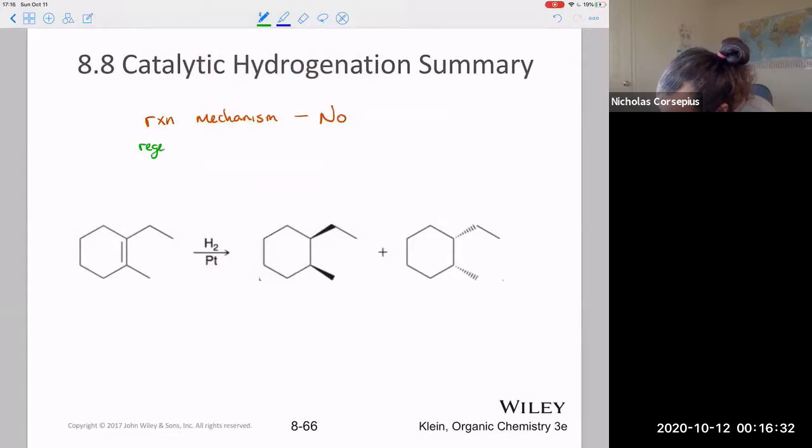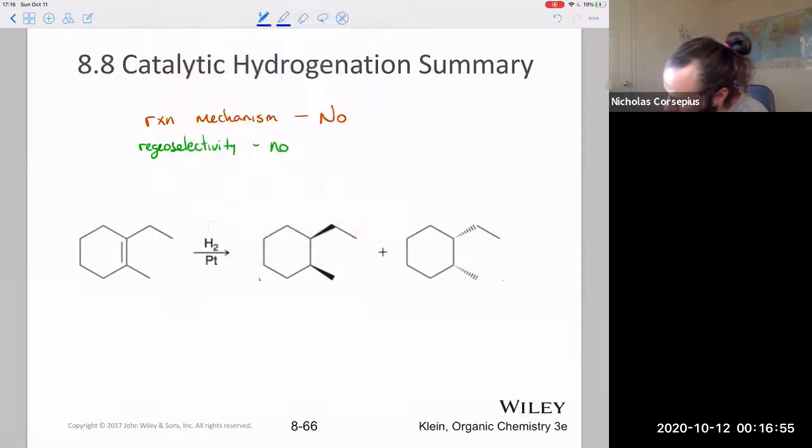In terms of regioselectivity, you don't have anything to worry about because hydrogen, the same thing is going to be added to both of those positions, right? So more highly substituted, less highly substituted doesn't come into play here because you're just adding the same thing to both sides. So no regioselectivity concerns.